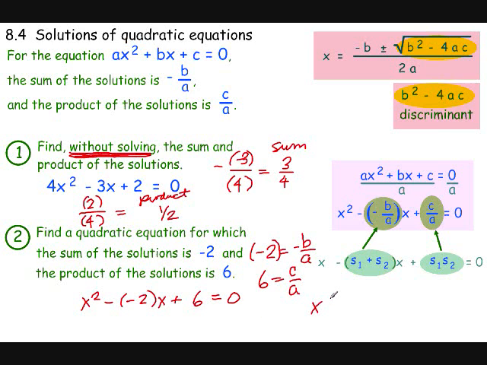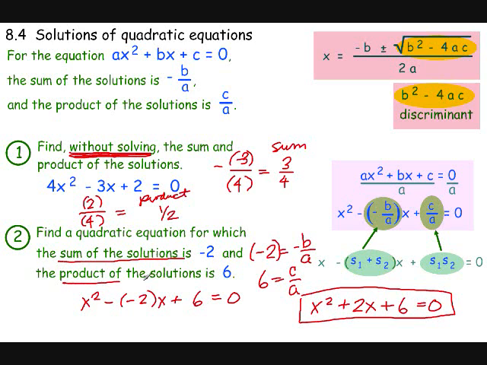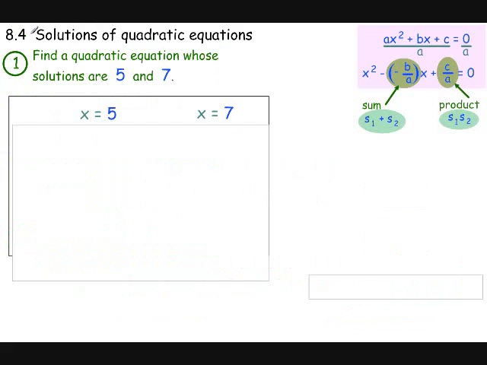X squared plus 2x plus 6 equals 0. So if you want to talk about the sum of the solutions and the product of the solutions, you can do a few shortcuts in getting some answers without having to go through the full solution process.